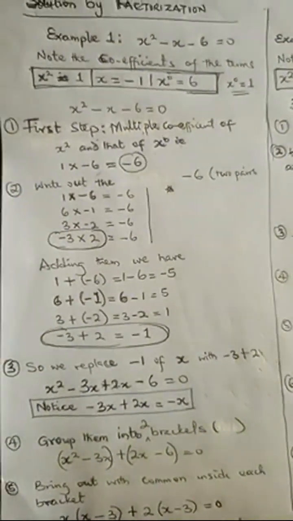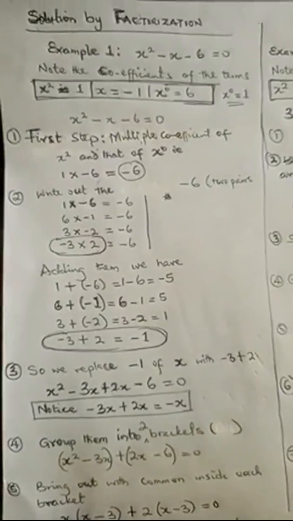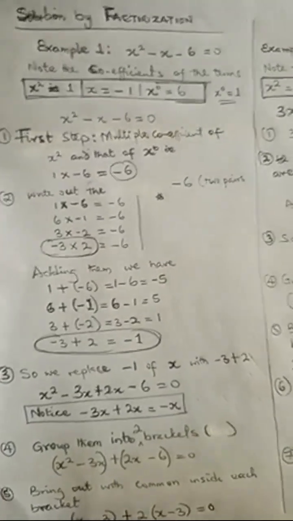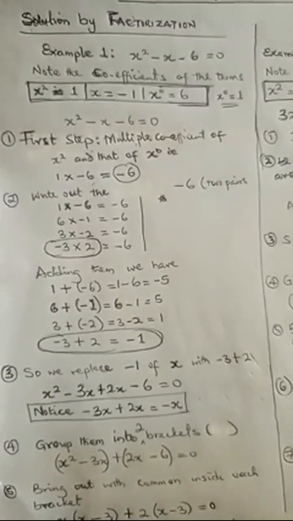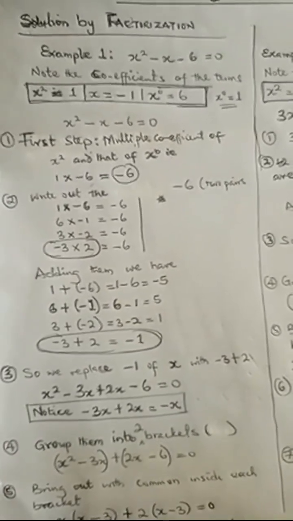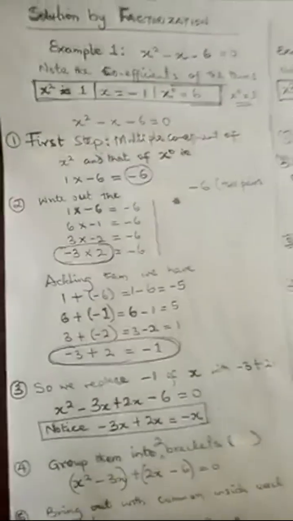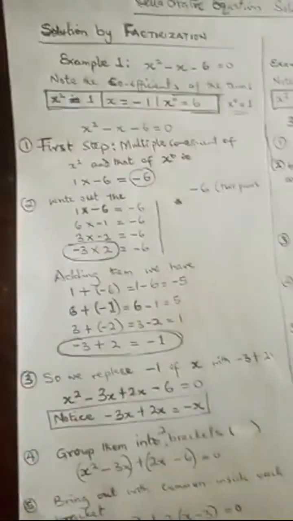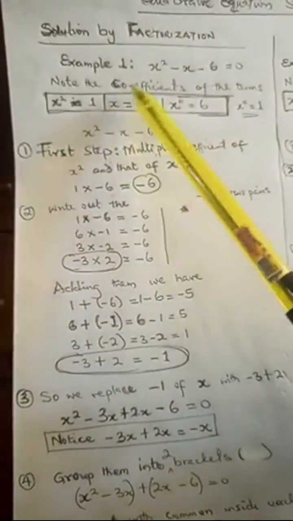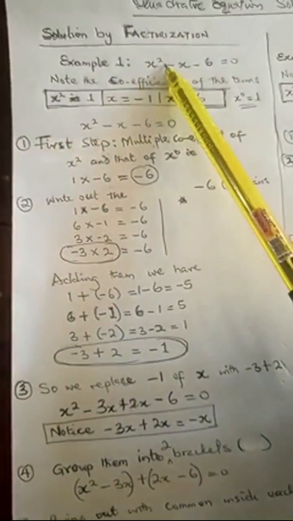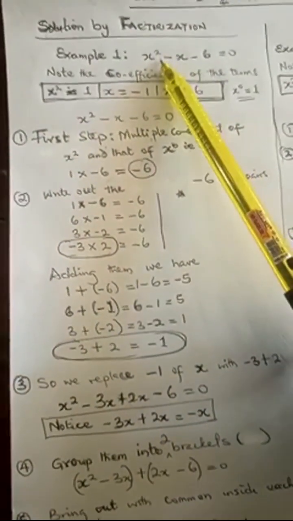Now, a quadratic equation is characterized most especially by having x or any letter to the power of 2. Any equation that has the highest power of a letter or x to be 2 is a quadratic equation.